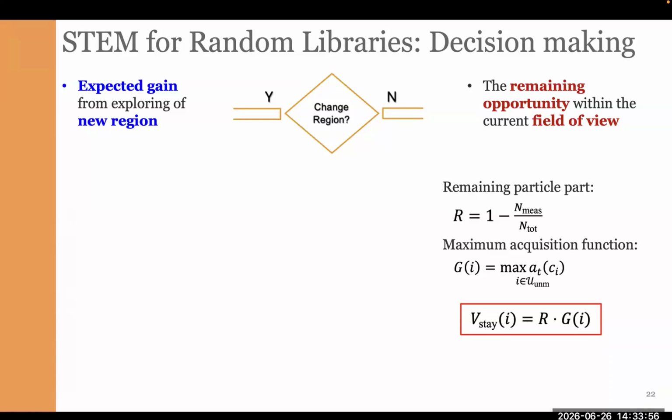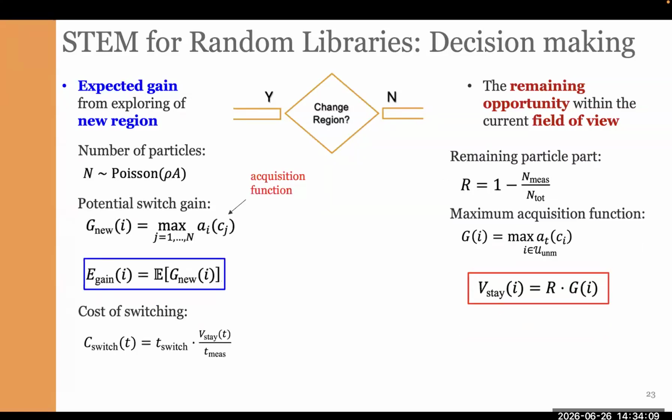When we speak about the expected gain to move to the next region, we are in a more complicated situation, because as you remember, we know nothing about that, which means in turn that we need to make some assumption. So for the simulation, we made a pretty dummy basic assumption. We consider that particles are distributed uniformly across the grid, which is obviously not true in a real case.